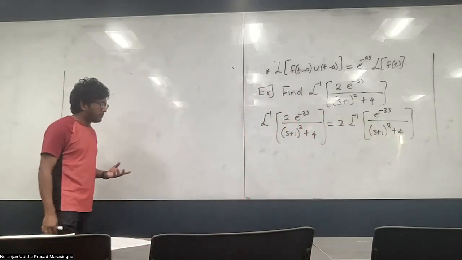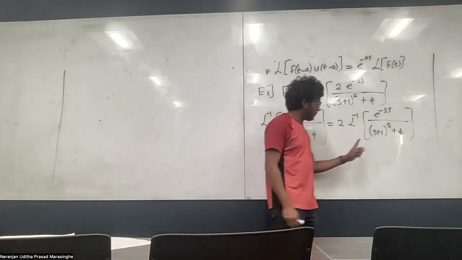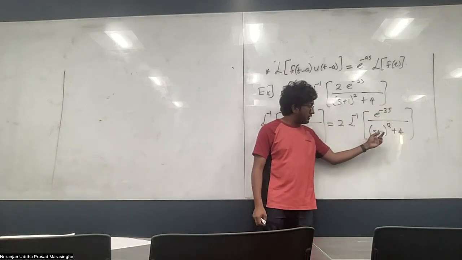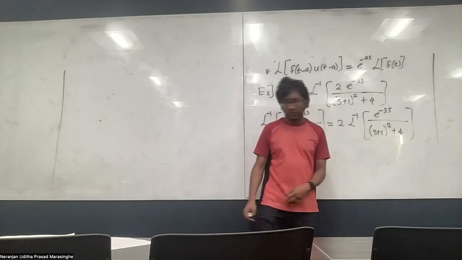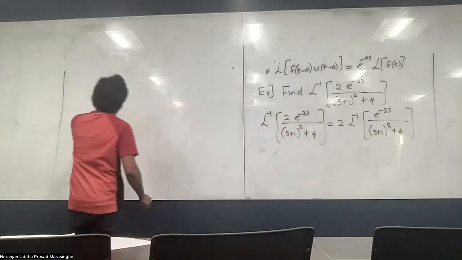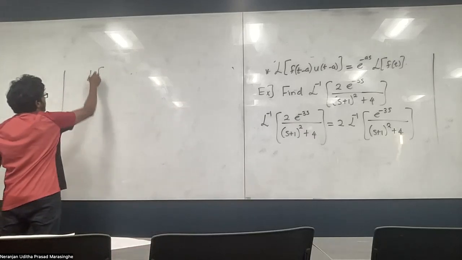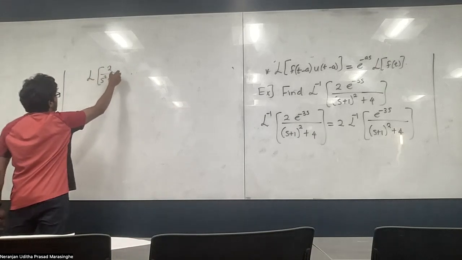So let's think in this way. Let's forget the exponential and forget this plus 1, right? So what can you say about the inverse Laplace of 2 divided by s square plus 2 square?